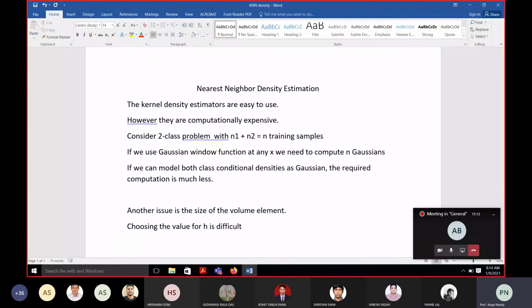If h is small, then you'll have some problem. If h is very large, then also you'll have some problems. Now you need to choose h in such a way that the density that you are going to model for these particular data points should fall under this volume. So I'll just tell you one way of choosing this.